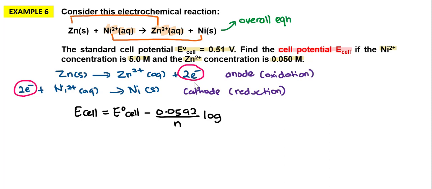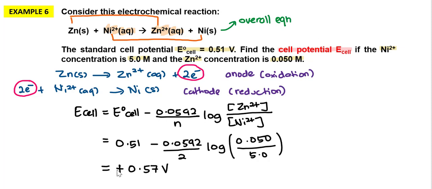The reaction quotient is product over reactant. So our product is the concentration of the zinc 2 plus ion over the concentration of our reactant, which is the nickel 2 plus ion. Since the coefficient for these two is 1, both are to the power of 1. Substitute the values and we will get our answer, which is E cell equals positive 0.57 volt.